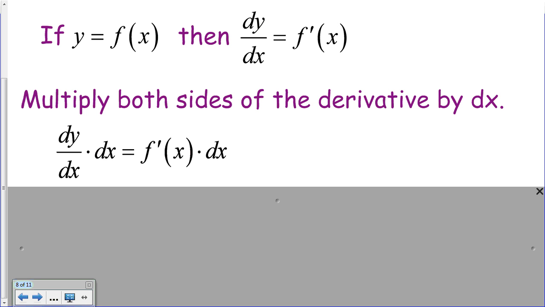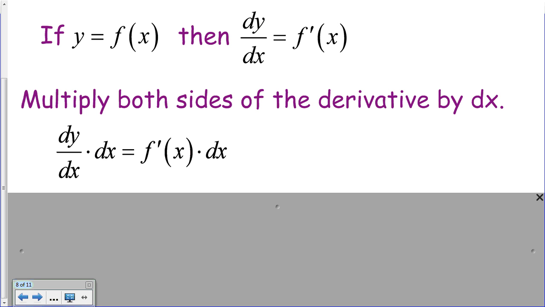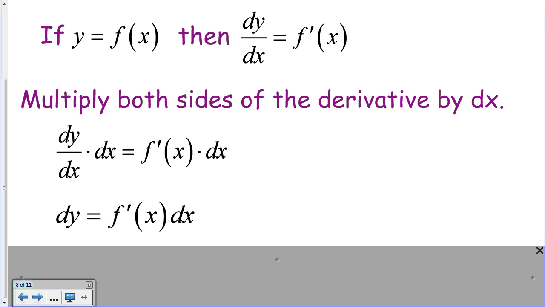On the left side the dx's in essence cancel each other out, and we end up with dy is equal to f prime of x dx. In other words, another way that we can calculate dy is to find f prime of x and multiply it by dx.